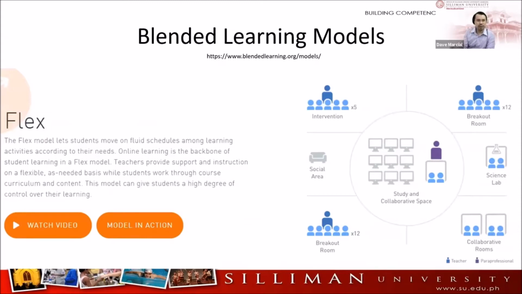Teachers provide support and instruction on a flexible as-needed basis while students work through course curriculum and content. And this model can give students a high degree of control over their learning. So that is the flex model. Again, according to their needs.